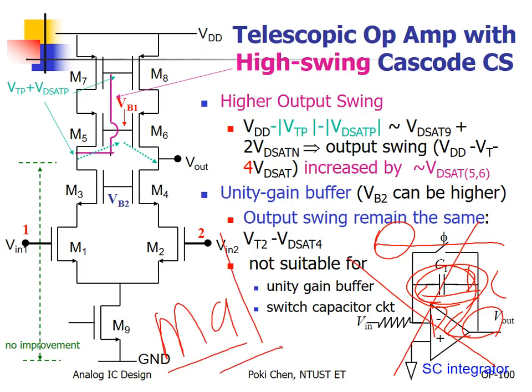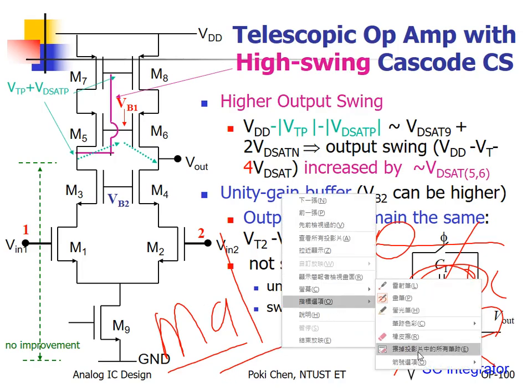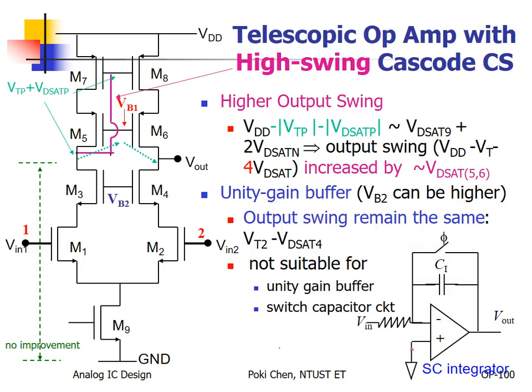So you need to make sure nothing will be saturated. But how? Reset. For the beginning of each operation cycle, you need to reset your switched capacitor circuit. During reset, only reset. Some switch, usually a MOSFET, more exactly a transmission gate.